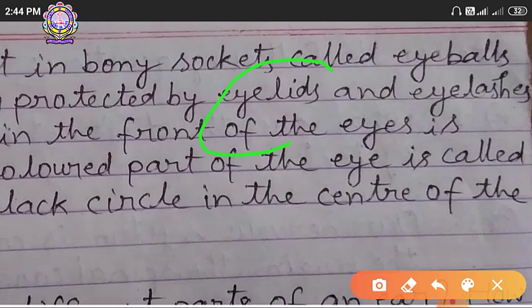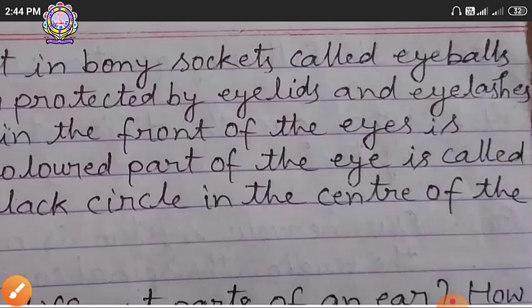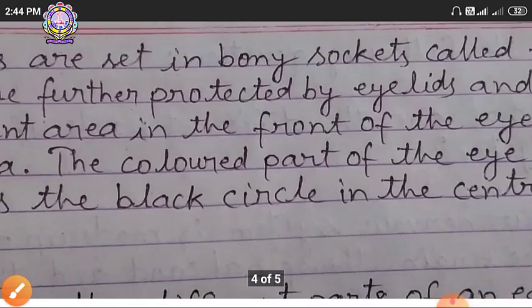Now eyelids and eyelashes, these are other parts of your eye.